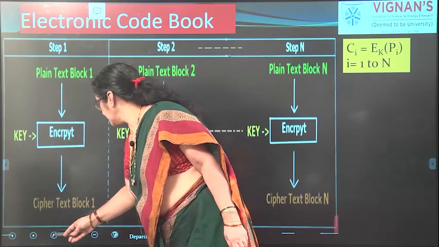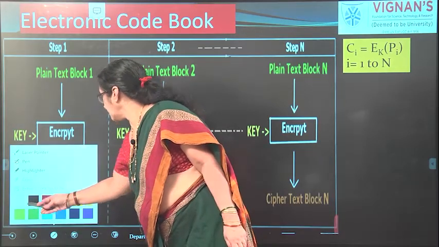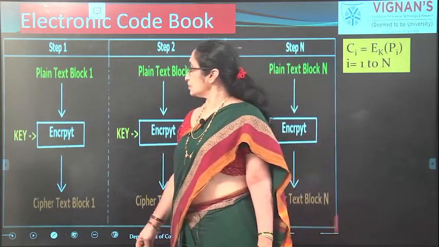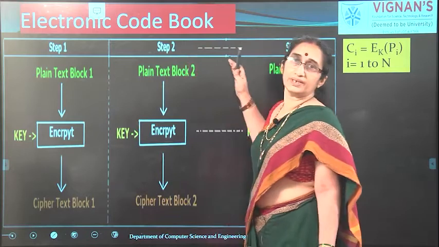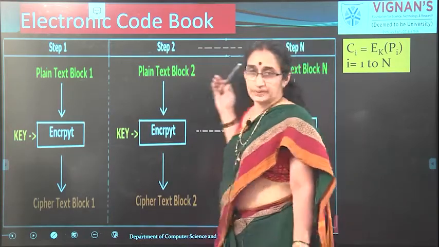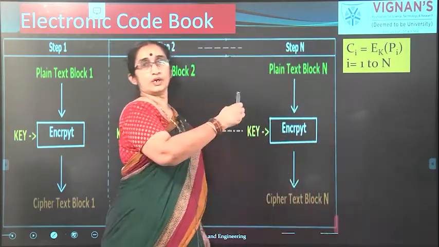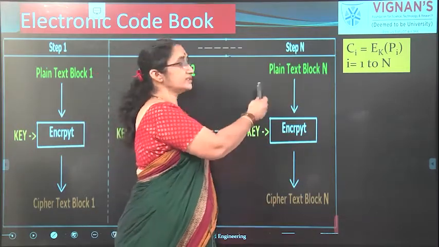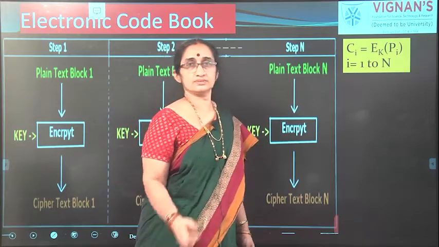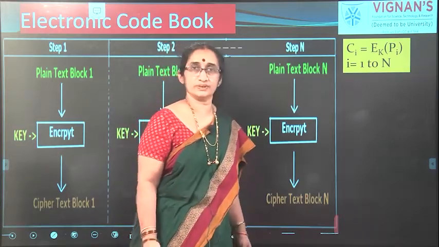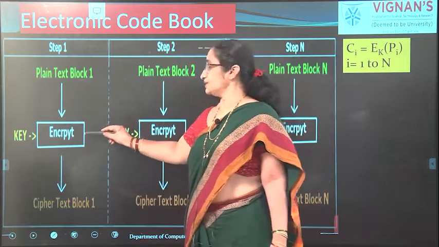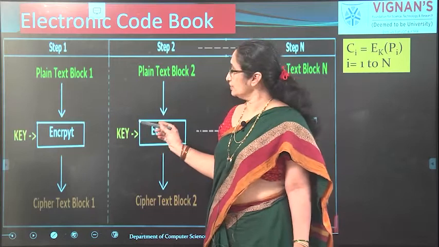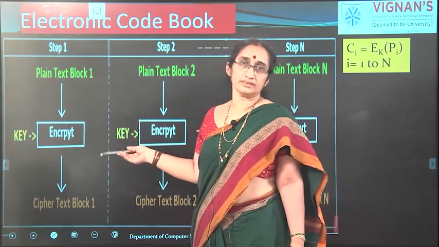After splitting, if the last block does not have 64 bits, you can pad it with some other bits so that it reaches 64 bits. Here you can use any algorithm for encryption, but it should be a symmetric cipher algorithm, so you can use either DES or AES.